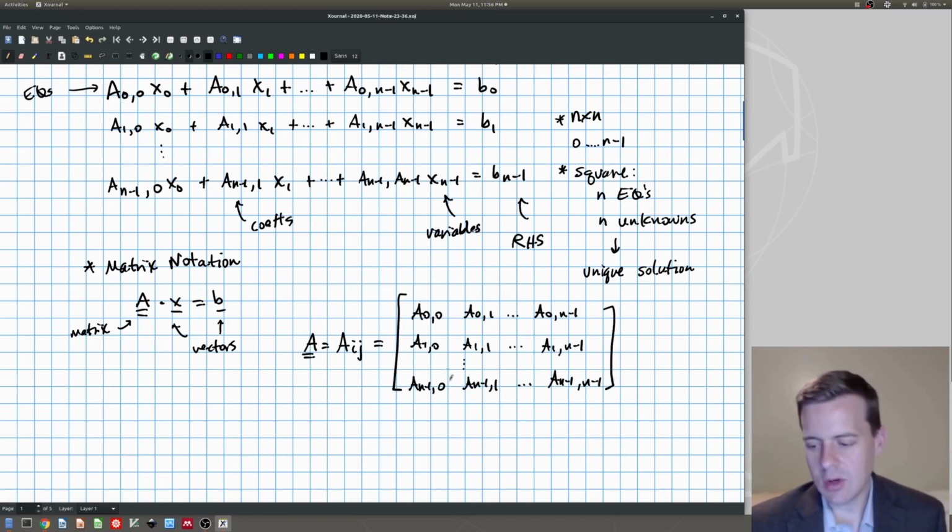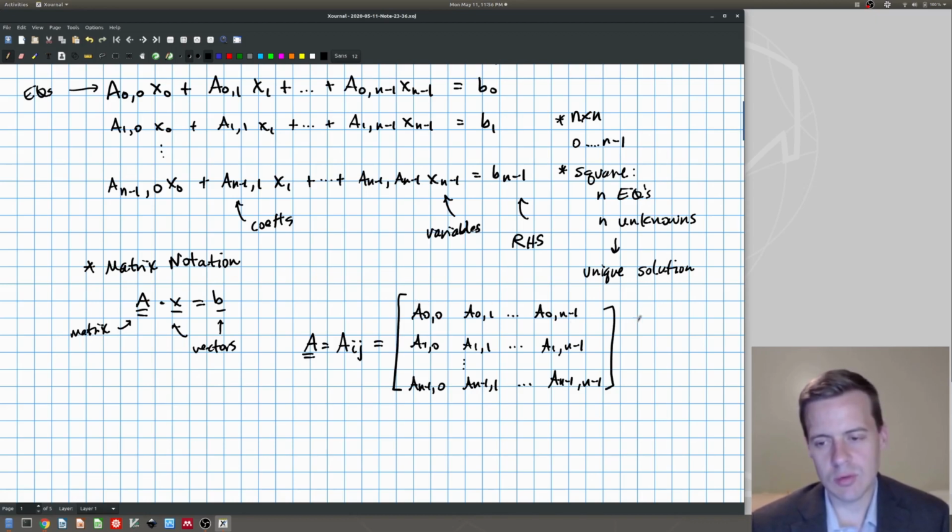All right, so each of these terms here corresponds to these coefficients that were up there. And notice they go in the same order if I write it in the order with these variables. So I've got A0,0 here, A0,1 here, A0,n-1 there.